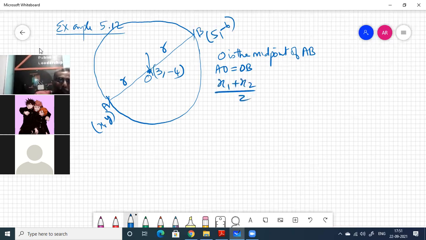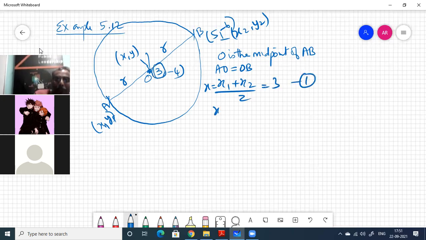Let us keep x1, y1 and x2, y2, and the midpoint is (x, y). x is equal to (x1 plus x2) by 2, and the x value is 3. Take this 2 to that side, 6 it comes. So x1 plus x2 is equal to 6.